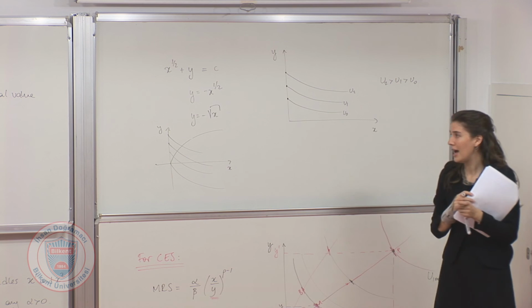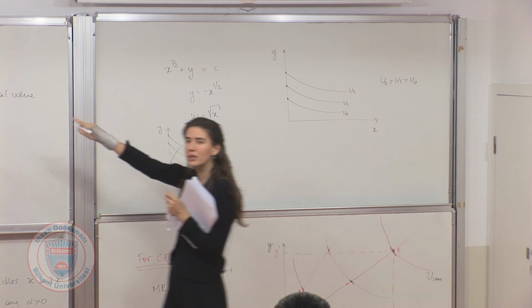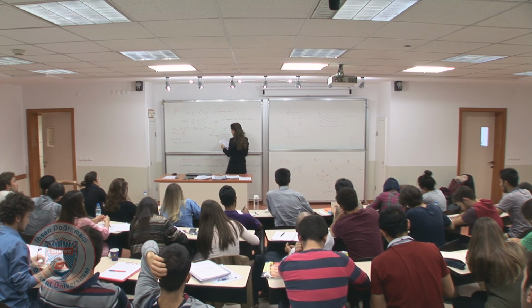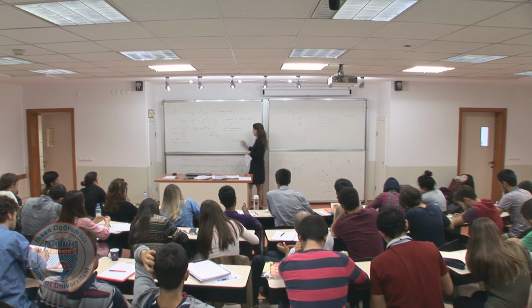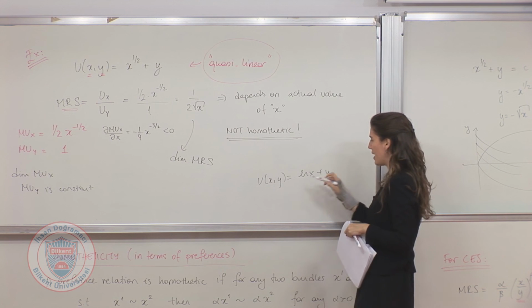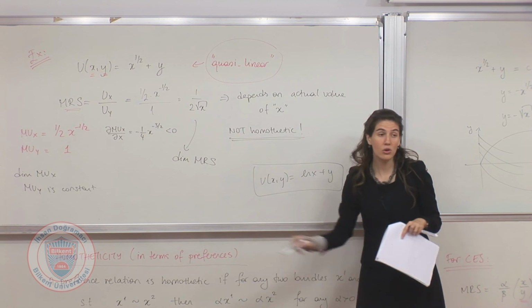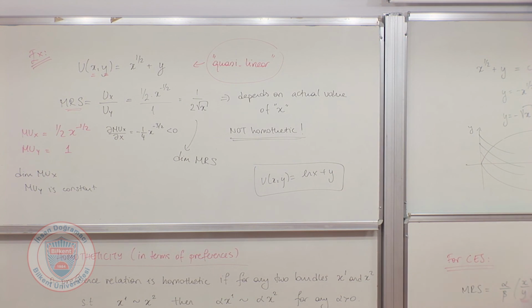A similar form, which also looks like this, is ln x plus y. Just keep this form in your mind. This is also quasi-linear, very similar. Now, what do you see here, for instance?